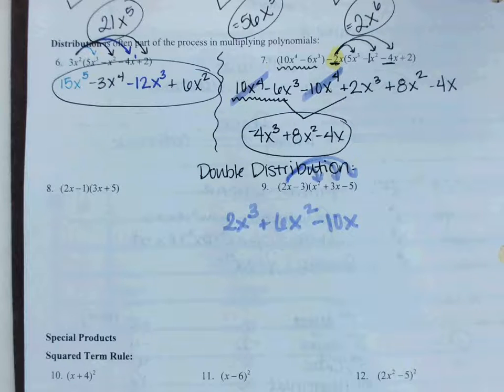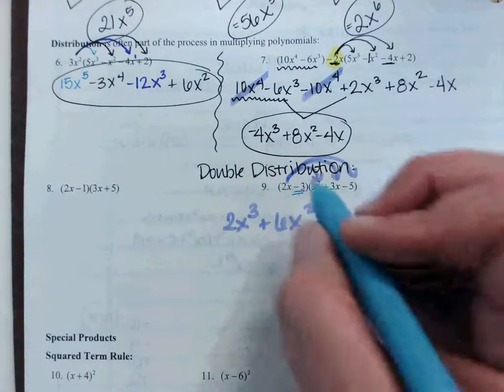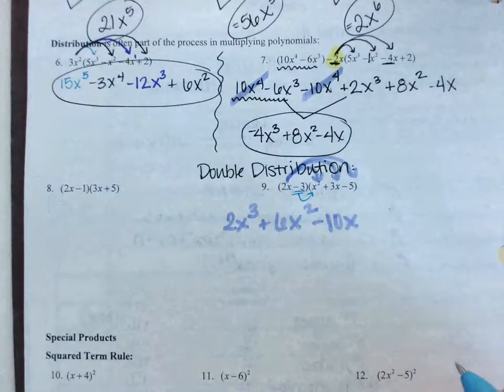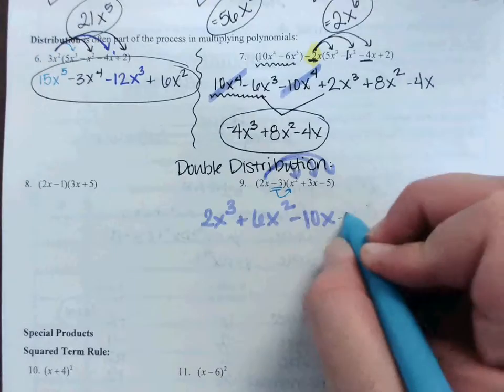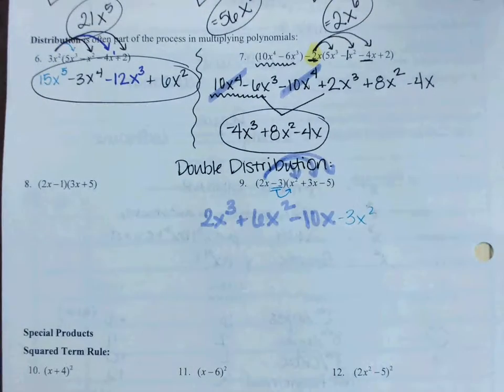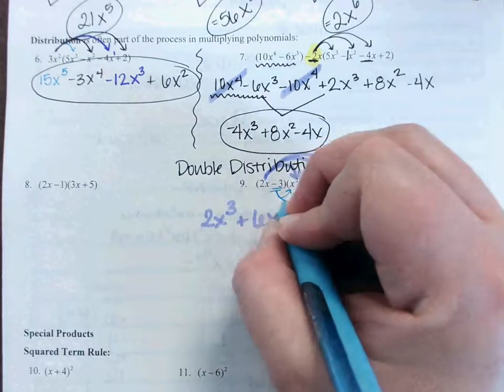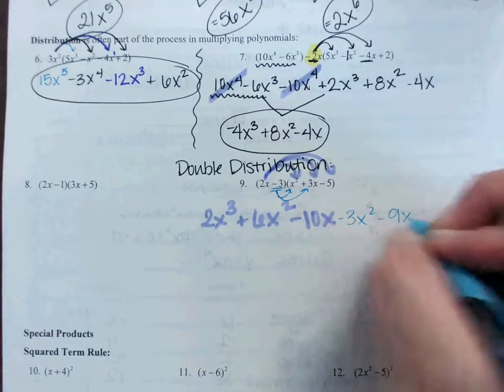Then, after I've distributed that first term, I move to my second term and I'll distribute that guy. What am I distributing? The minus 3, right? So minus 3 times x squared gives me minus 3x squared. Minus 3 times 3x gives me minus 9x.